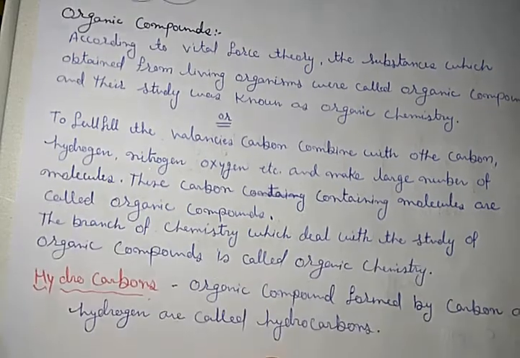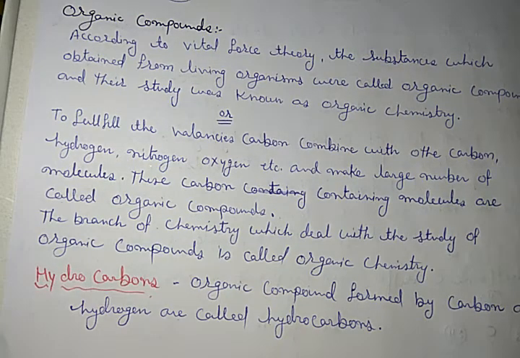Now if we consider the modern definition, carbon has four valencies. To satisfy them, the carbon atom combines with other carbon atoms or hydrogen, nitrogen, oxygen, sulfur, and lots of other elements, and makes a large number of molecules.